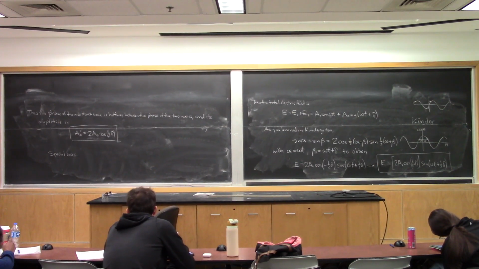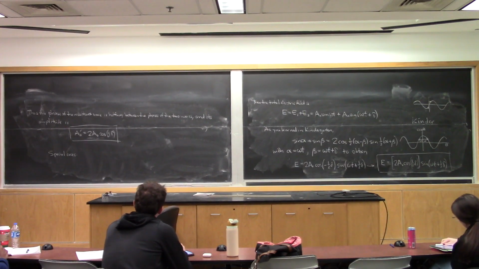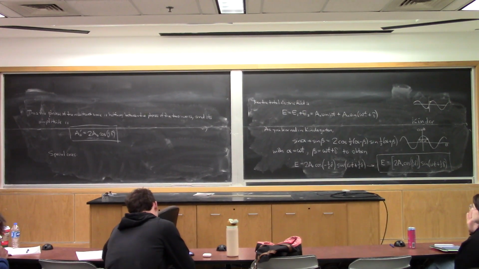Stuff like that. Yes? If A naught is the amplitude of each of the waves, is the amplitude of the original source A naught? No, the original source has amplitude A naught. And the point here is that with constructive interference, you get twice the amplitude of the original wave.